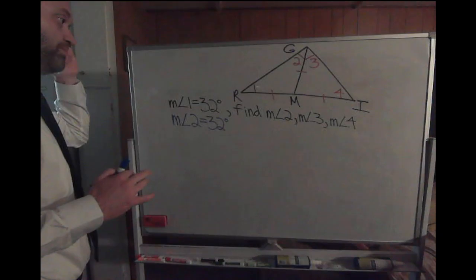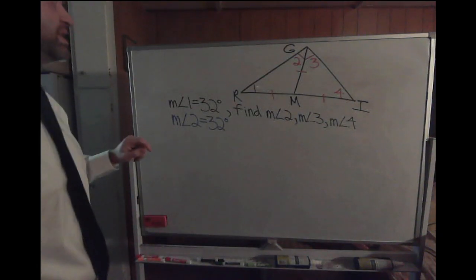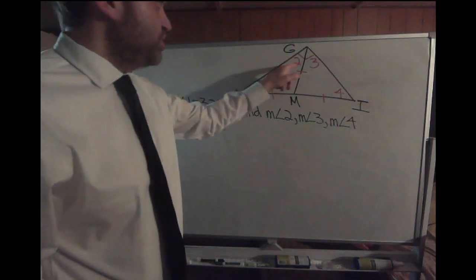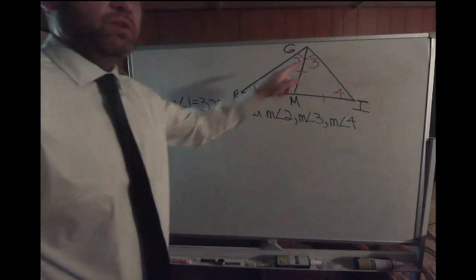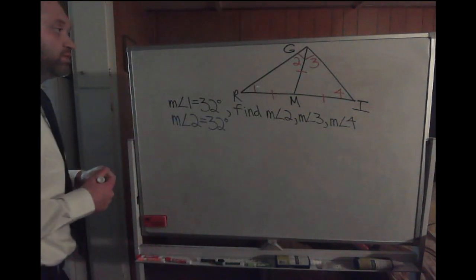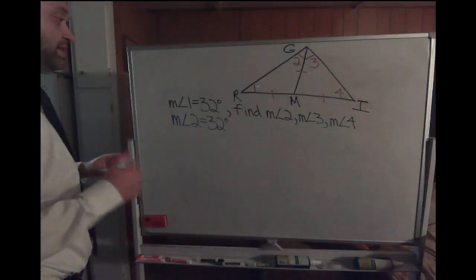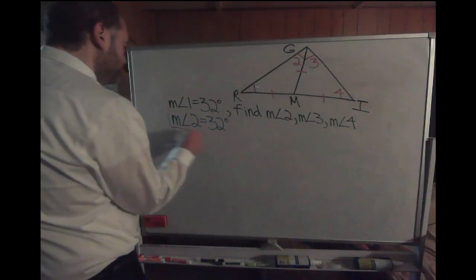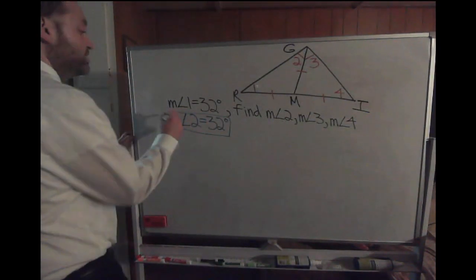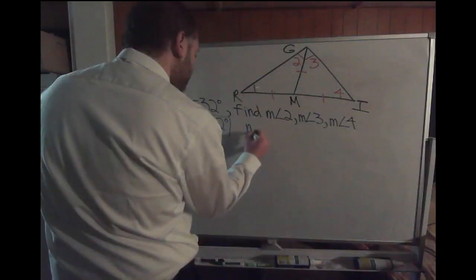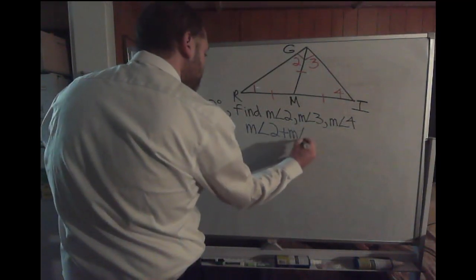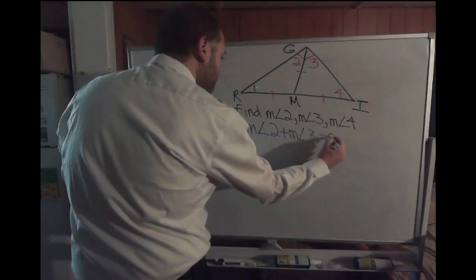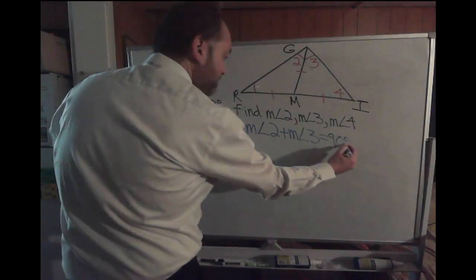So now let's look at something here. Angle G altogether is a right angle, isn't it? That is the right angle of the triangle, which means the measure of angle 2 plus the measure of angle 3 equals 90. They're complementary. So measure of angle 2 plus the measure of angle 3 altogether equals 90 degrees.